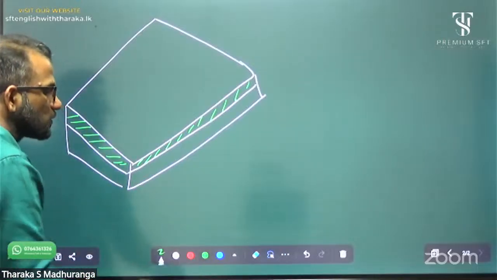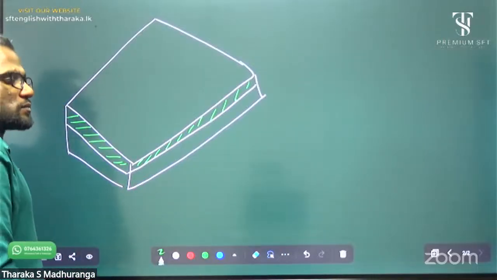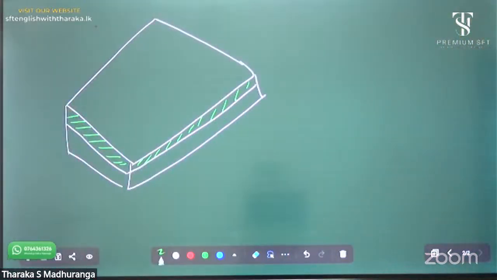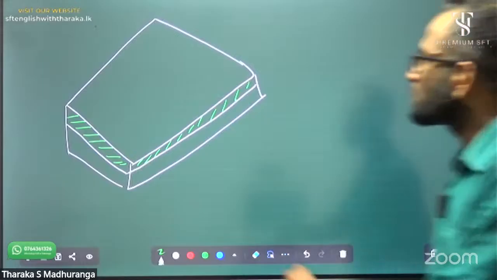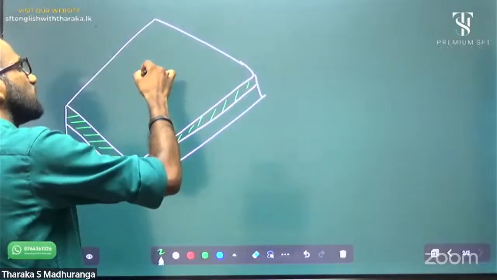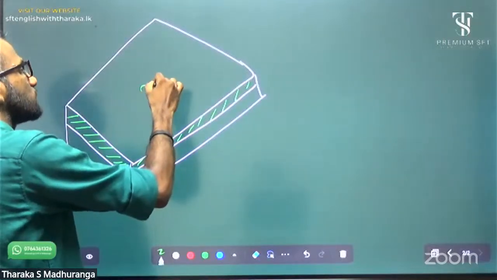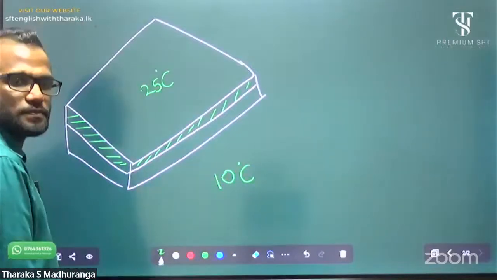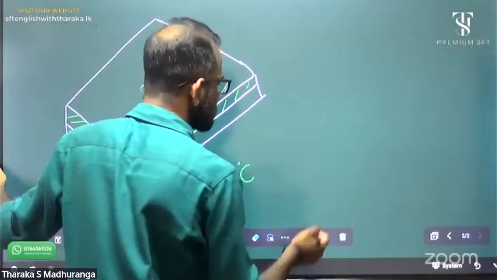The inside temperature is 25, think this is inside the house, 25 Celsius, and the outside temperature is 10 Celsius.